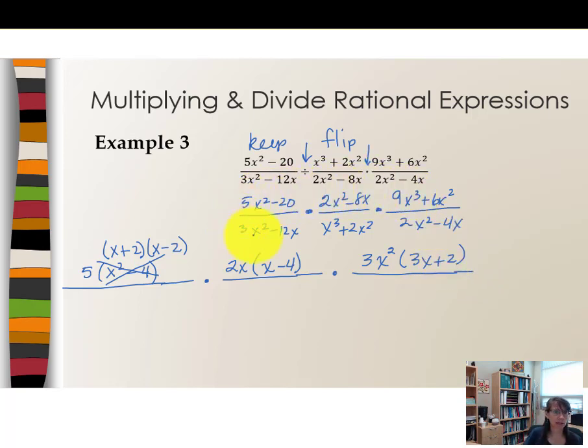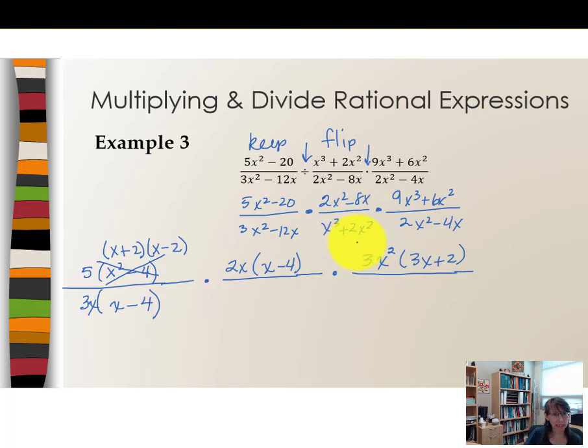Now let's go through the process in the denominator. 3x squared minus 12x. 3 and 12 have 3 in common, and they also have x in common. So I would have x minus 4 in the quantity remaining.